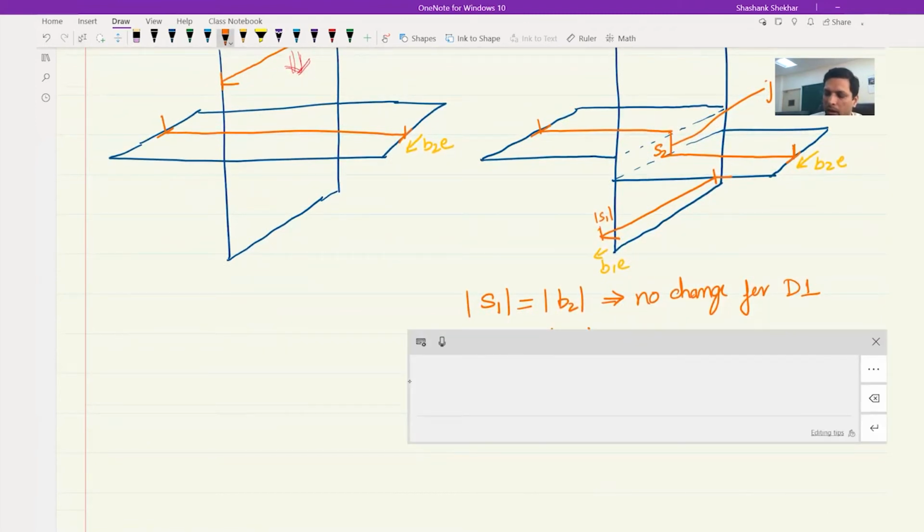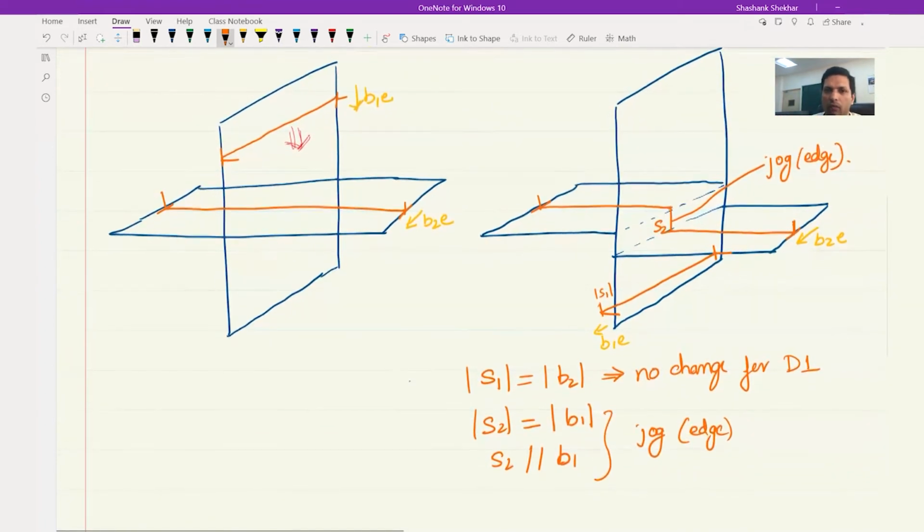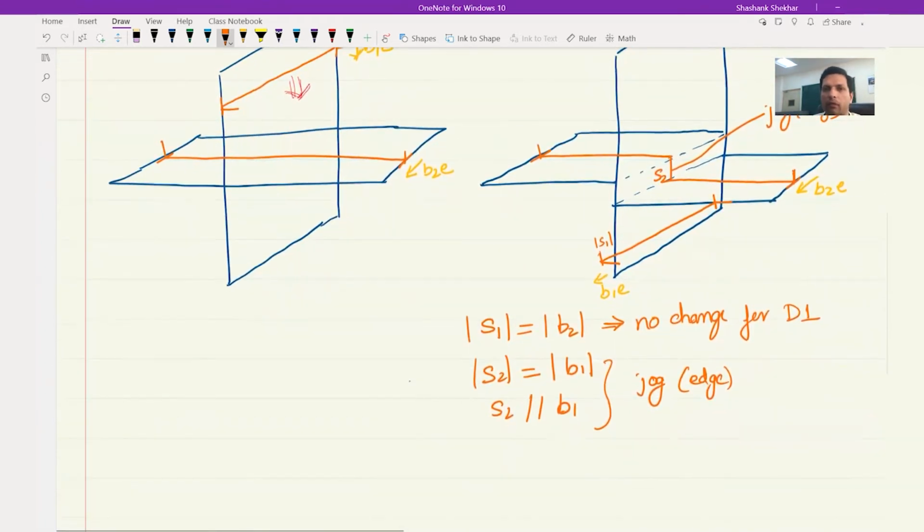This will become clear when we look at case 3 and case 4, where we have screw dislocations and where you would see that the steps that are formed do not aid in glide.